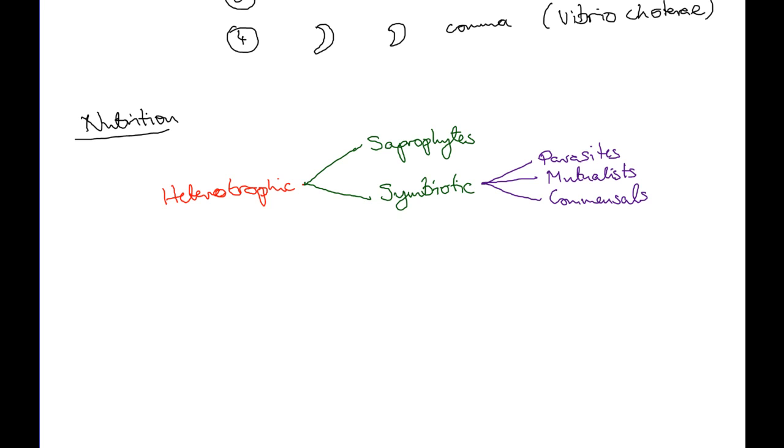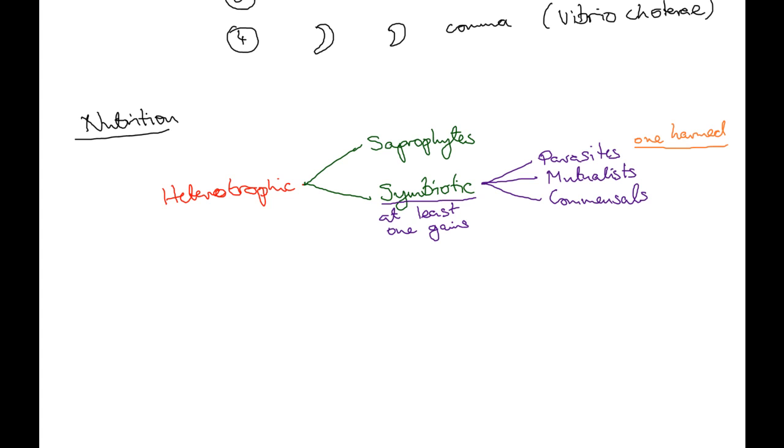Symbiosis is a close, intimate relationship between two organisms, a feeding relationship in which at least one organism gains. At least one organism benefits, or gains something out of the transaction. Now, in the case of parasites, one is harmed and one benefits, obviously, because at least one has to gain.